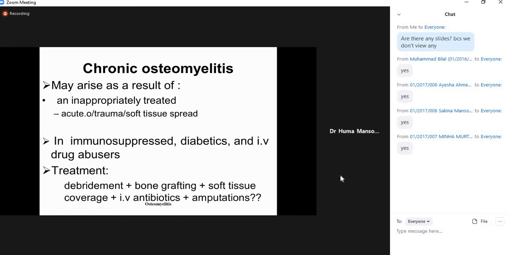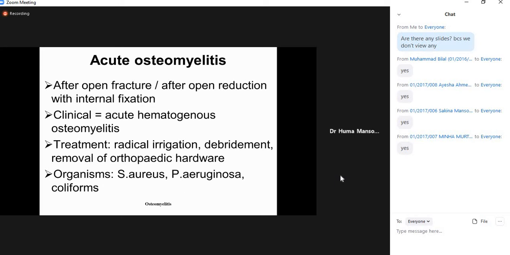And mind it, why do sicklers have osteomyelitis? Because in sickle cell anemia, when the cells become sickle cells due to hypoxia, those sickle cells are very sticky cells. They stick to the vascular endothelium and cause ischemia and necrosis. So ischemia and necrosis in itself is one of the provoking factors for an organism to grow, because it leads to lactic acidosis and everything.